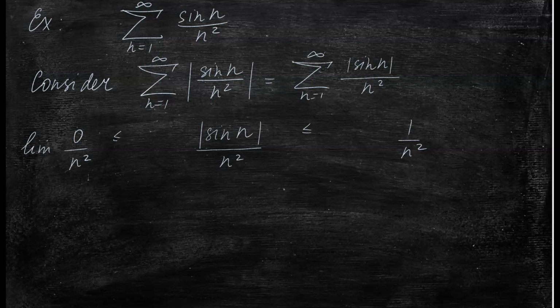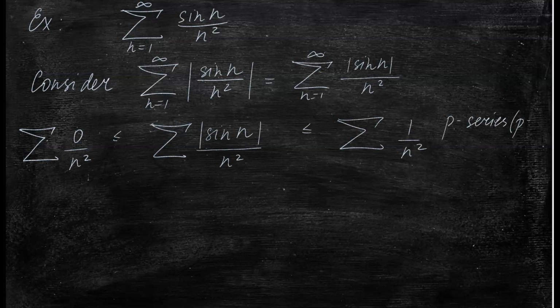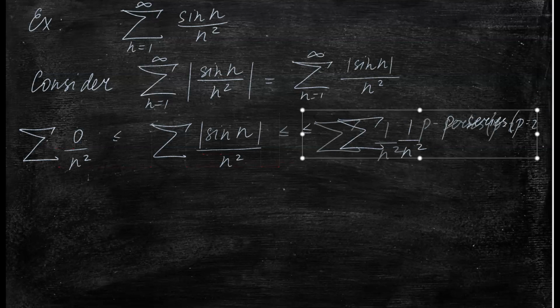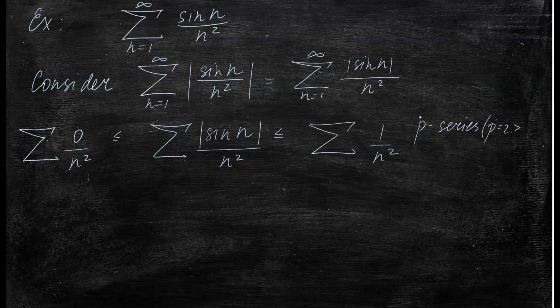And if you take the actual series here, then you can see that our series that we're interested in is bounded above by the p series with p equals 2, which is greater than 1, meaning that this p series converges.